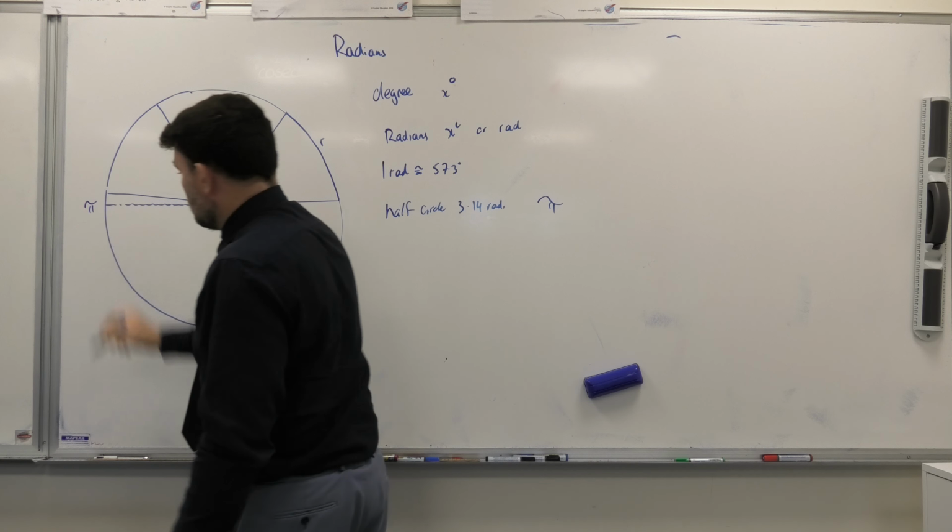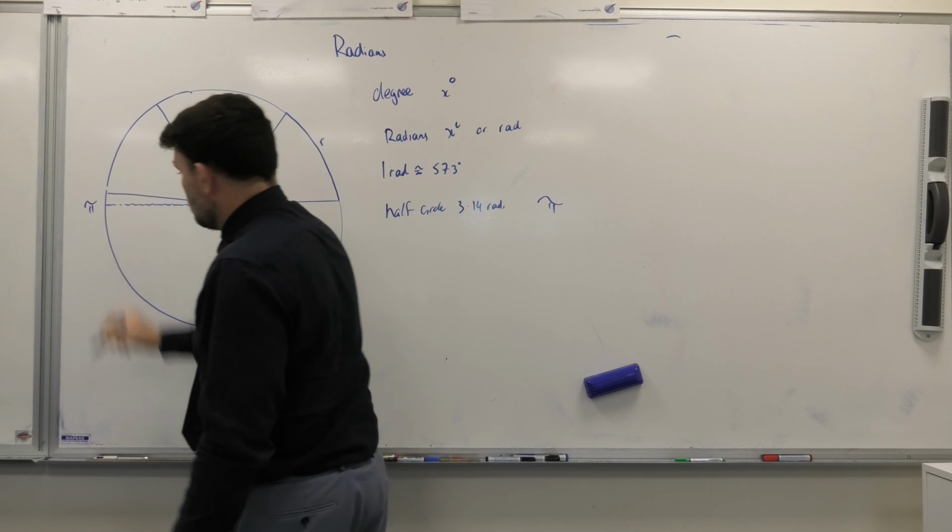So what does that tell us? Well, that tells us that if this here is 57.3, it's just under 180 degrees. So what we can say here is that pi is equal to 180 degrees. So if this equals 180 degrees, then if I do a full circle, 2 pi is equal to 360 degrees.